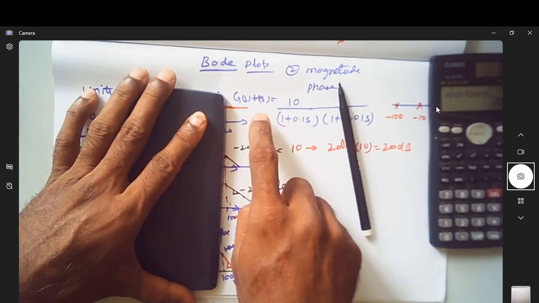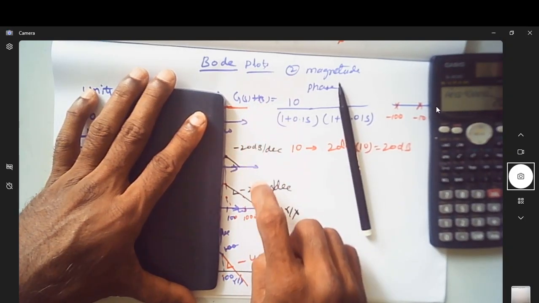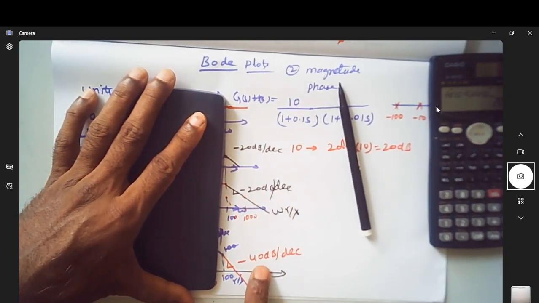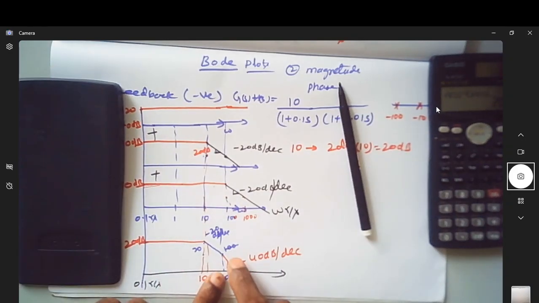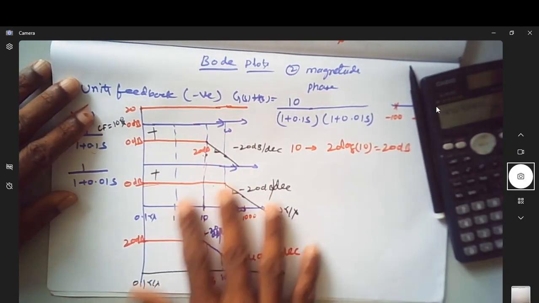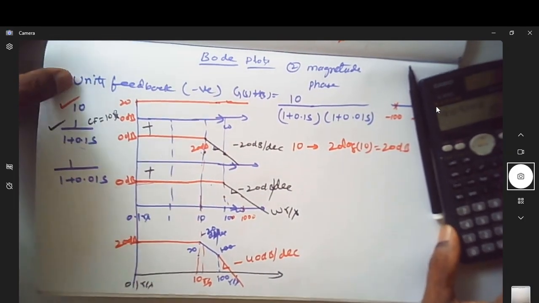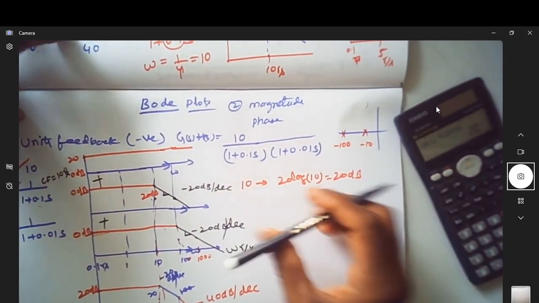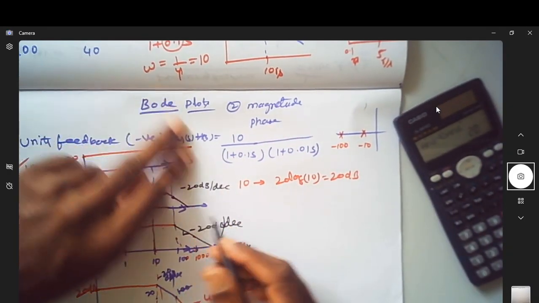The overall slope is 0 plus minus 20 plus minus 20, so this will become minus 40 dB per decade. So after 100 radian per second, this will have a slope of minus 40 dB per decade. So this is my resultant magnitude plot.